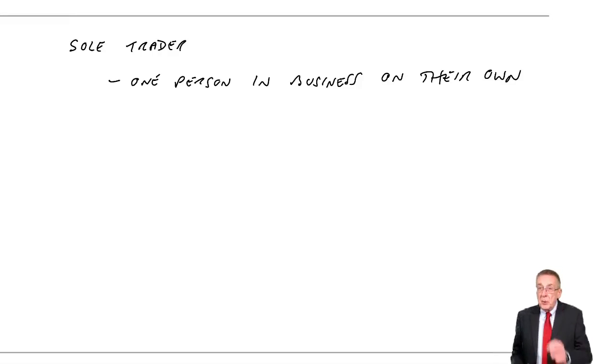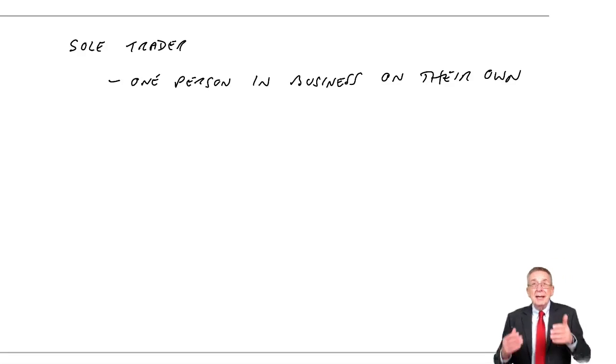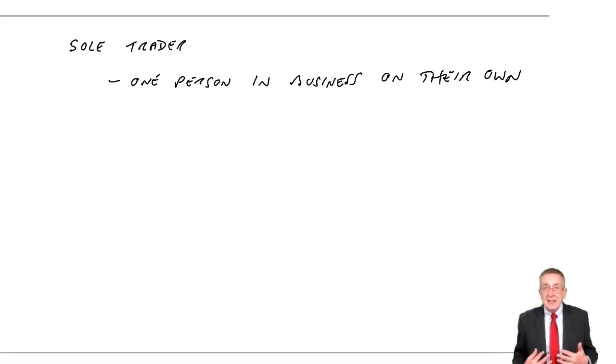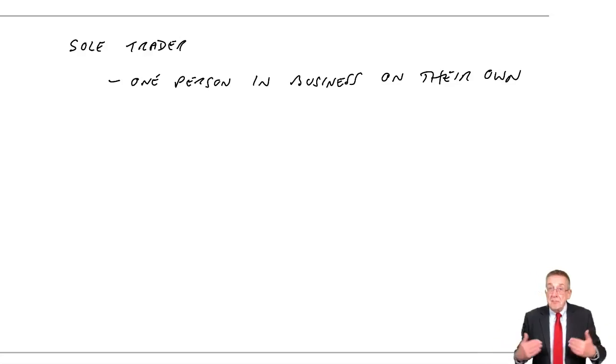But what's important about a sole trader is, as far as the law is concerned, I am the business, and if the business collapses owing money, and there's not enough money in the business to pay the bills, it's me who's got to pay the bills.